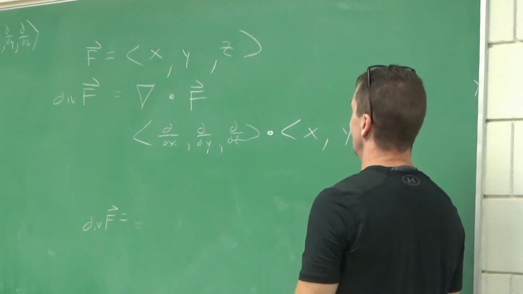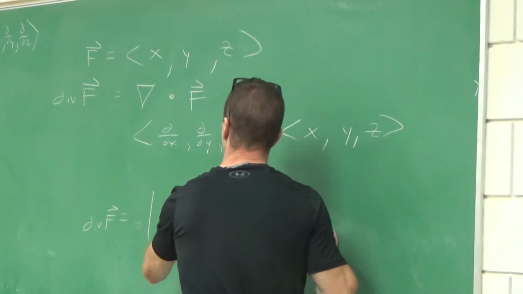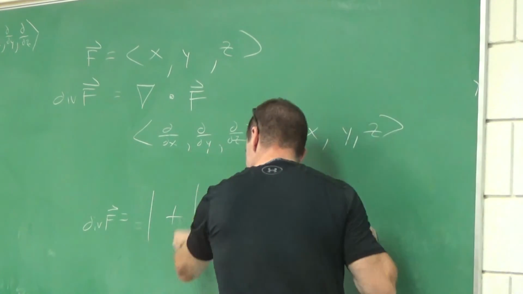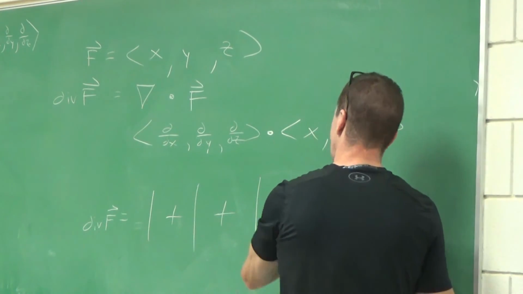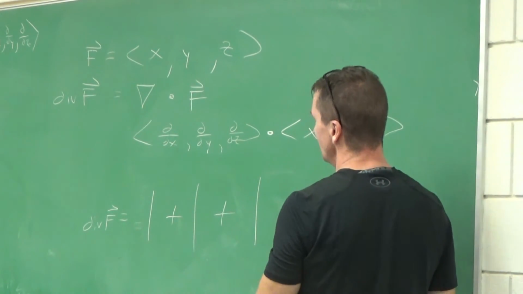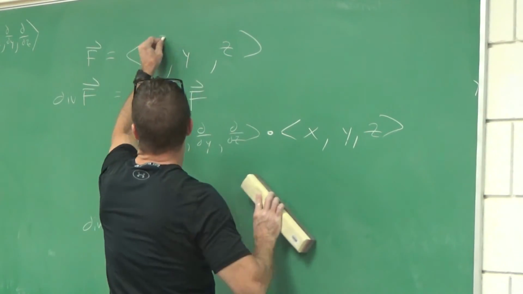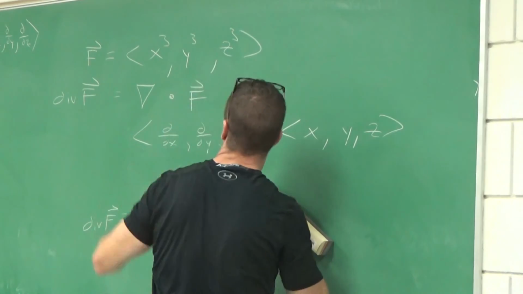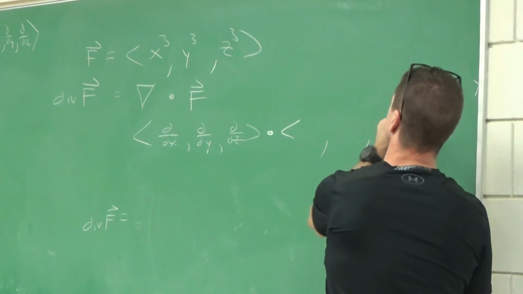Partial with respect to x is a 1. Partial with respect to y is a 1. The partial with respect to z is a 1. Equals 3. So you notice doing a divergence of a vector field is real easy. I mean, even this. What if these were all cubes? I could have put other letters in there, but these are the kind of things you're going to see.